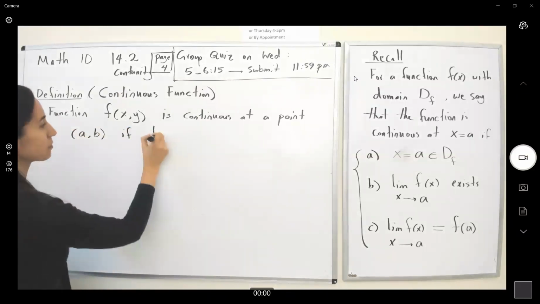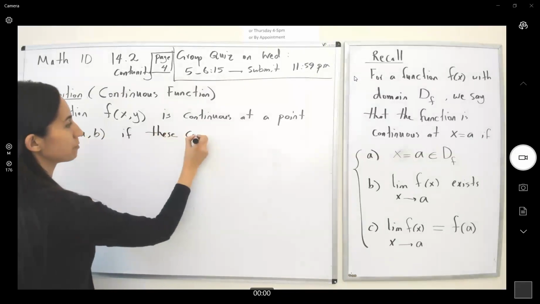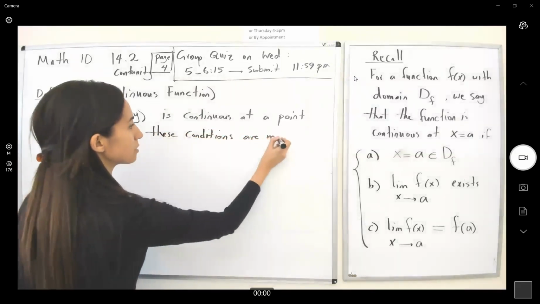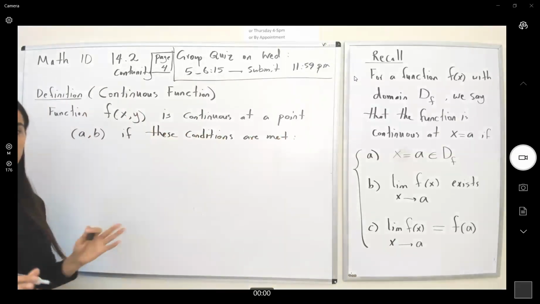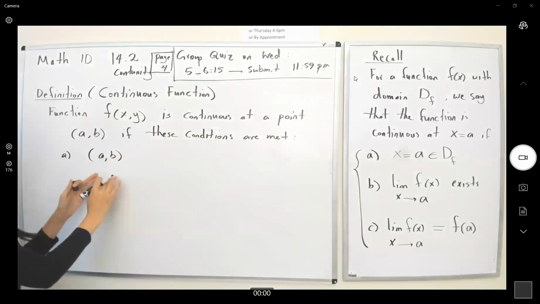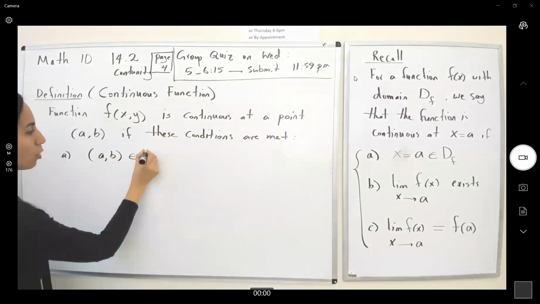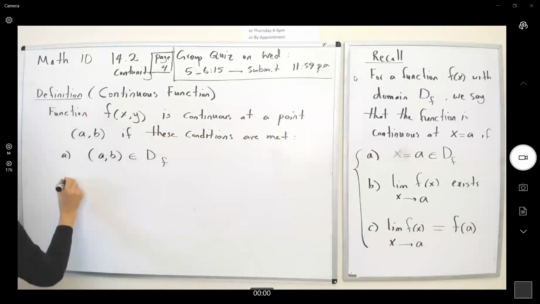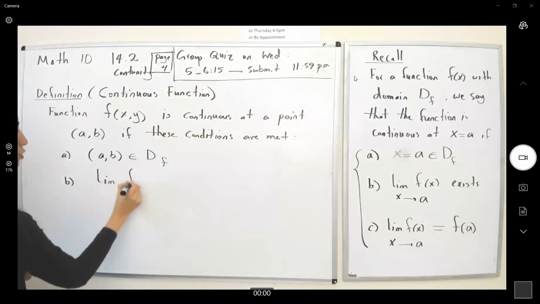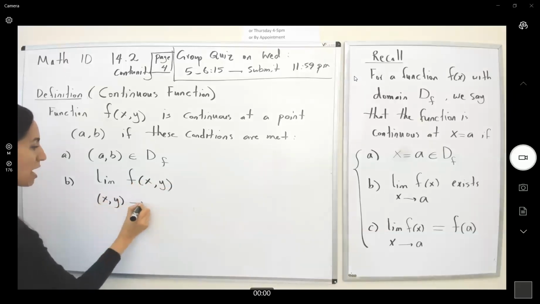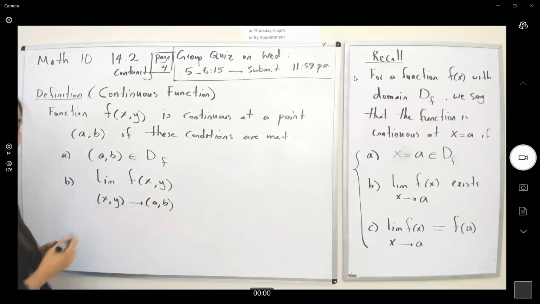If these conditions are met. First, a and b, this point belongs to the domain of your function. B, the limit of your function as x and y approach a and b exists.